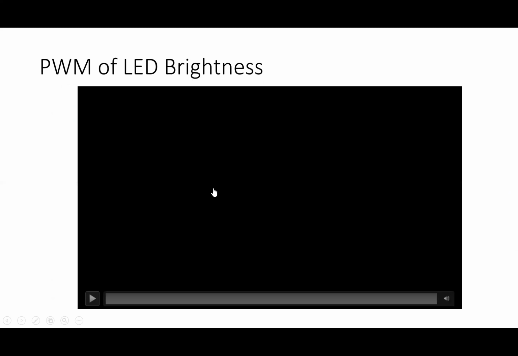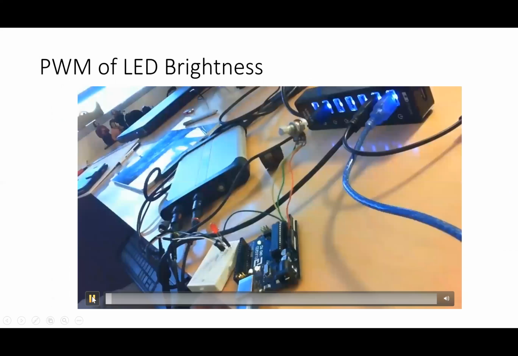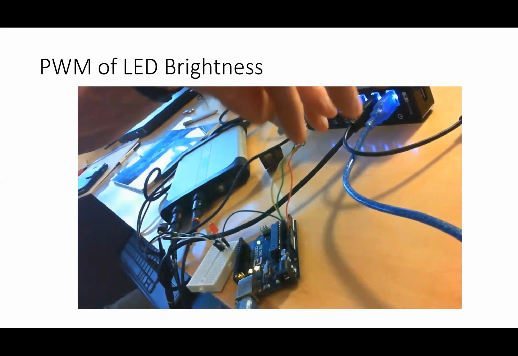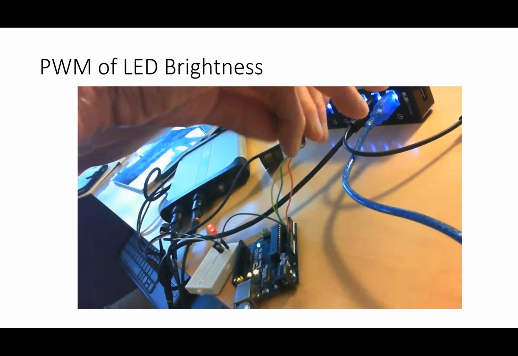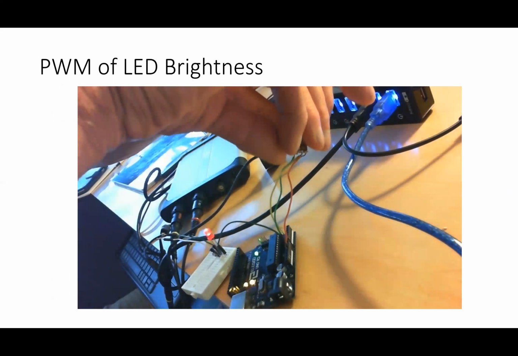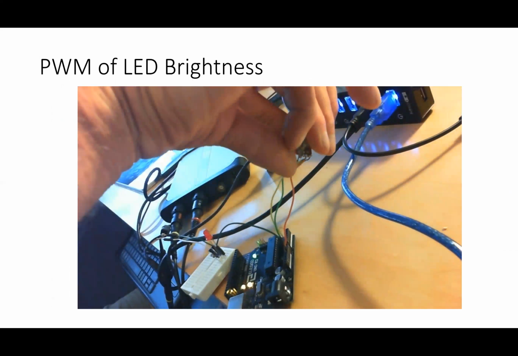Let's take a look at what we see when we run the sketch with that circuit. So I'm going to go over and turn that potentiometer connected to the analog input, and as I turn it up, the LED gets brighter, and as I turn it down, the LED gets dimmer and then brighter again. So what's going on? Let's look at what we saw with the scope probe connected to pin 9, the pulse width modulated output.